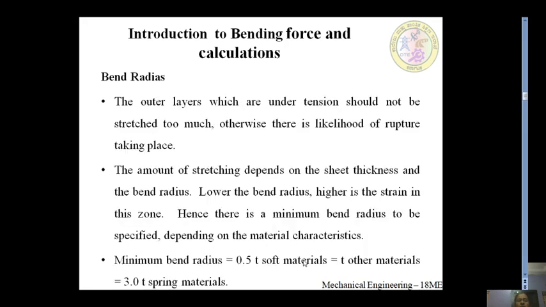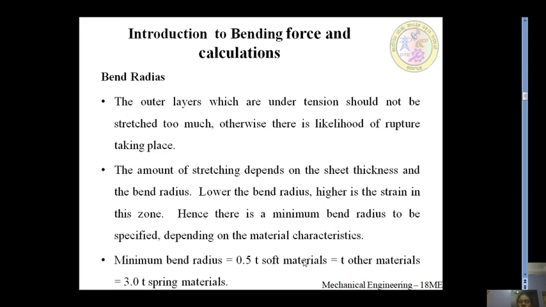Now the bend radius. The outer layers which are under tension should not be stretched too much, otherwise there is the likelihood of rupture taking place. This is the external tensile stress acting on the topmost sheet. The amount of stretching depends on the sheet thickness and the bend radius.